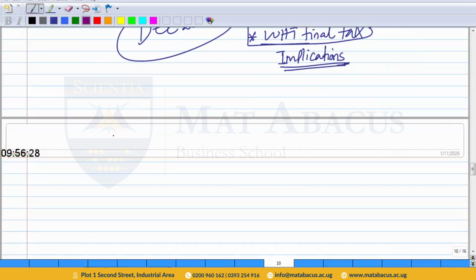So by the way, the prize winner for this paper was from our class of last sitting. We had the prize winner. And so many other people getting passes, you will check and see so many people that passed this paper were from MAT Abacus, a business school, including the prize winner.